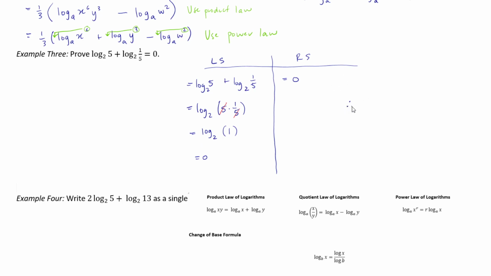So I say, therefore, left side is equal to right side, and therefore, log base 2 of 5 plus log base 2 of 1 over 5 is equal to 0. Okay, so again, set up my left side and right side, put my left side in, put my right side in, and then use the various laws to achieve the final answer, or achieve the proof.